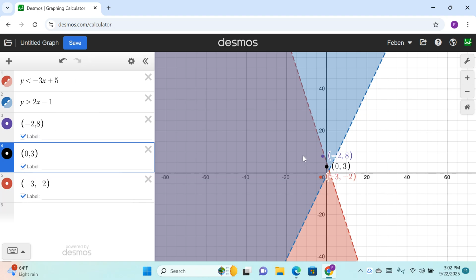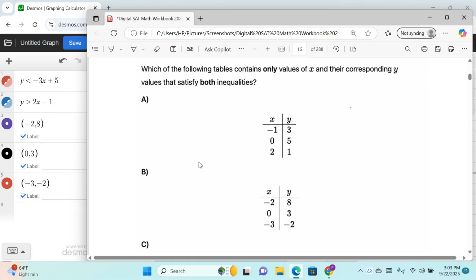If you see, our points are negative 2 comma 8, 0 comma 3, and negative 3 comma negative 2. All are in the intersection of the graph, right? So our answer is B.